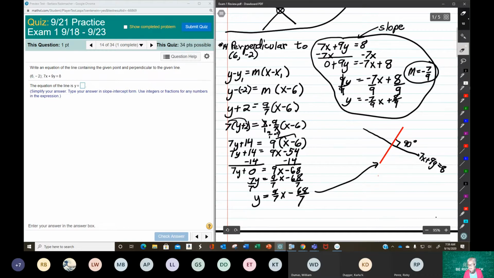To be specific, this part to me is the hardest. Once you've multiplied by 7, it's a little less dangerous because you're just solving an equation. Are there any more questions about number 14?